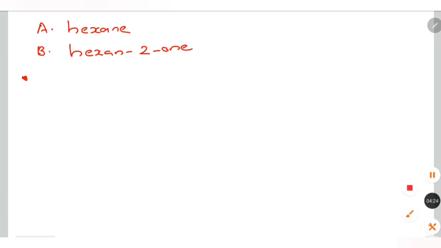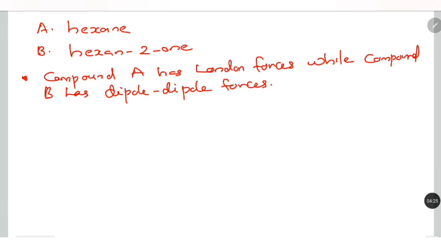Okay, let me write. Then after that you are going to talk about the strength of the intermolecular force. Between dipole and London forces, which one is stronger? Dipole. So either you can say dipole force is stronger than London force. If you don't want to say it that way, you can say the intermolecular force in compound B is stronger than A.